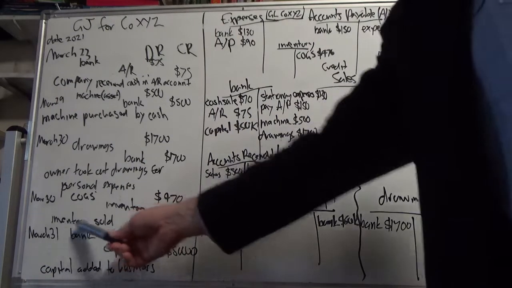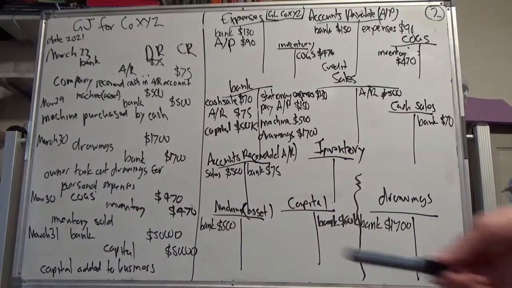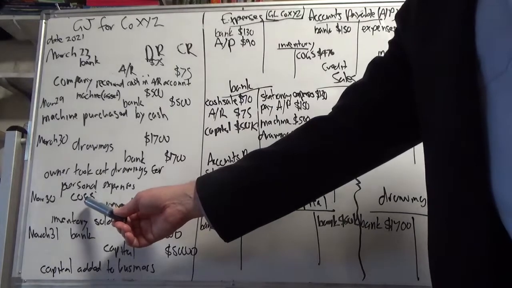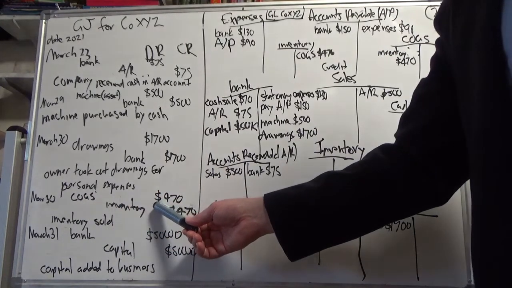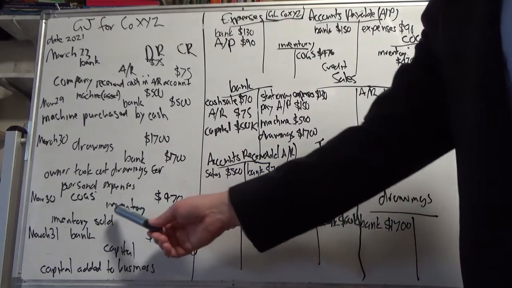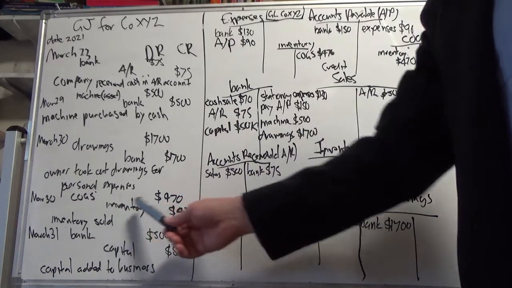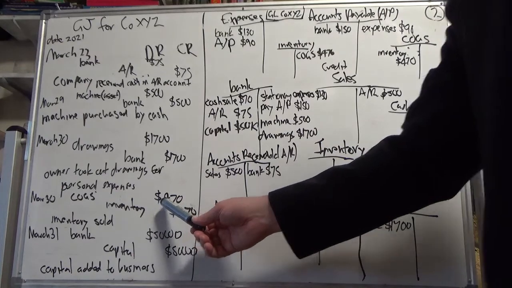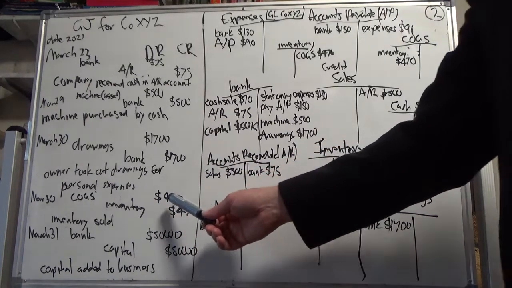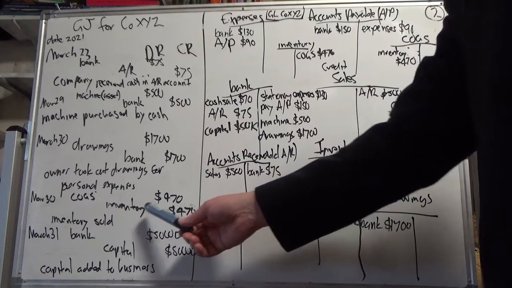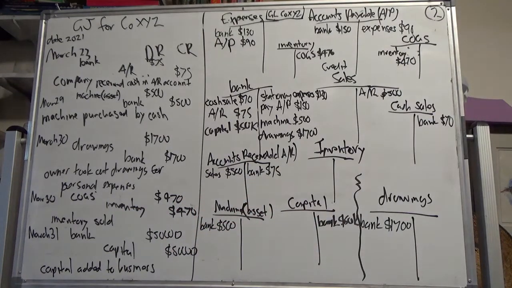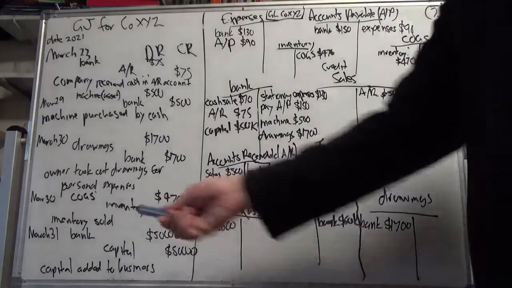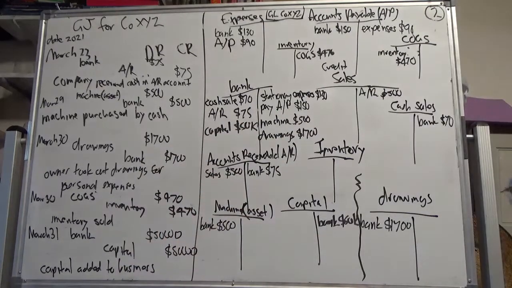And some inventory sold. COGS is increased. So in inventory sold and COGS is reduced rather, because it's usually a credit item. It's a type of expense. And inventory was reduced, credit, because inventory is usually a debit, but when you sell inventory, you got to reduce it, so you got to credit it.